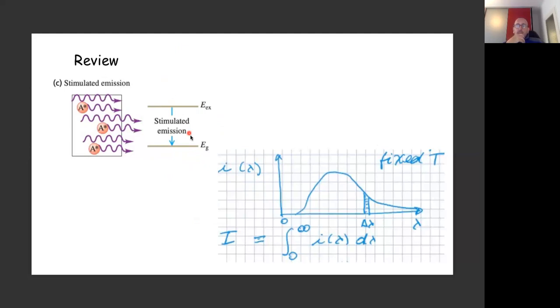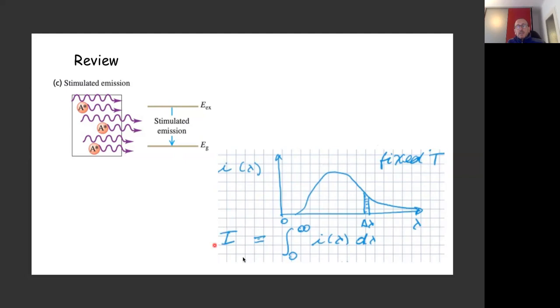But we can get an intensity as a function of wavelength that is expressed qualitatively in a shape like what I'm showing here. It means that there is a spectral distribution of intensity, which is particular to each temperature. If I change the temperature of a solid, the emission of this intensity as a function of lambda will change.